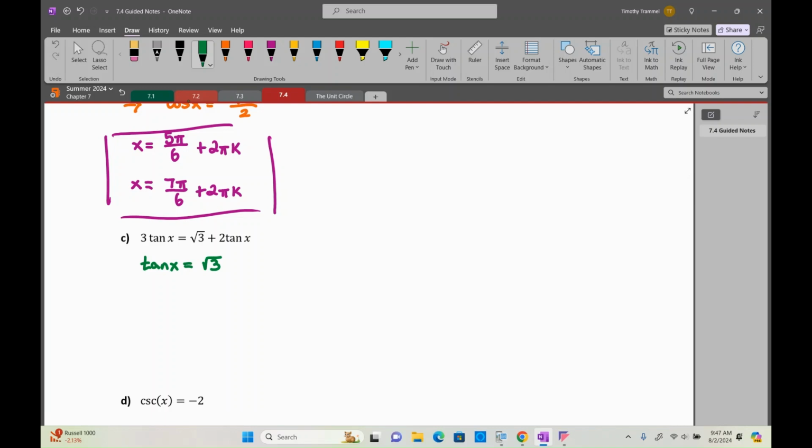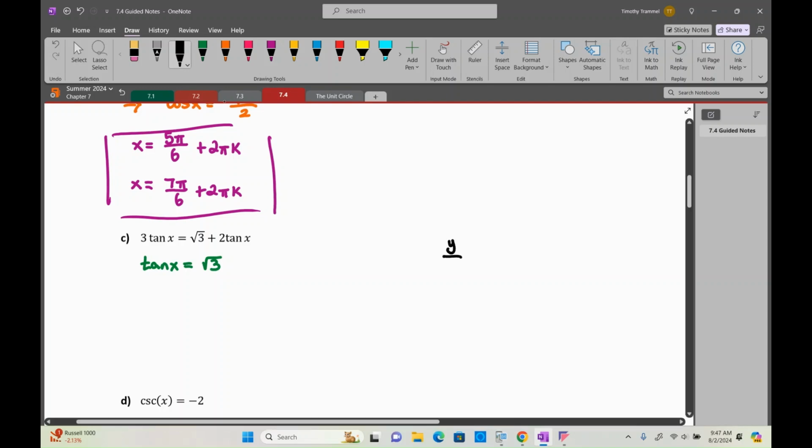Now here's the next thing: we need to remember what ratio of y over x from the unit circle will give us the square root of 3. Just as a refresher, the best option here would be if y was the square root of 3 over 2 and x was 1/2.